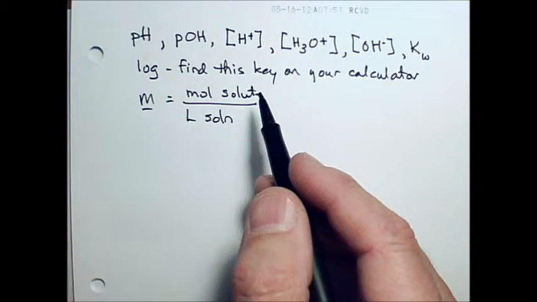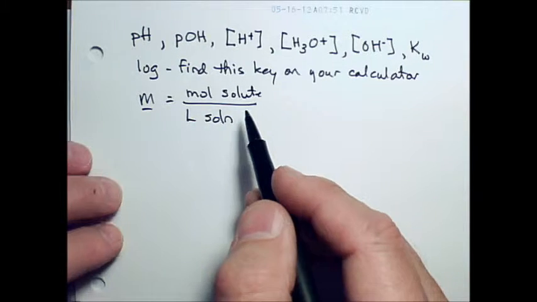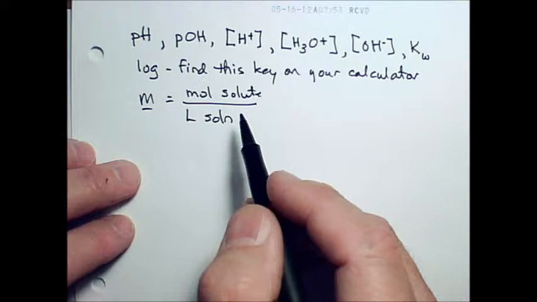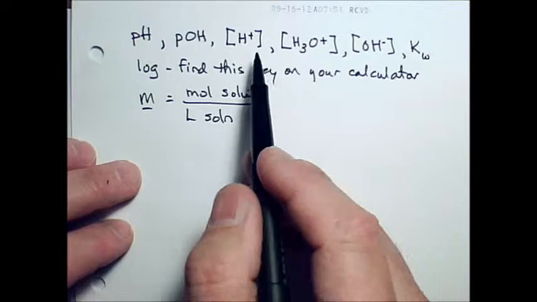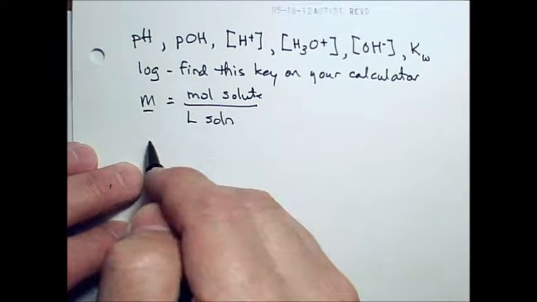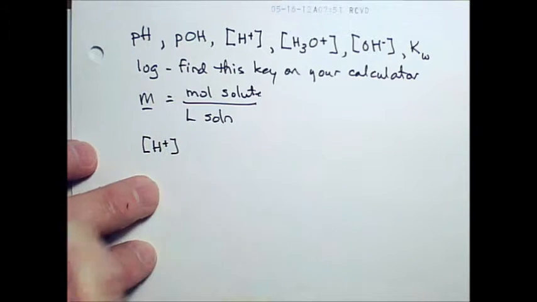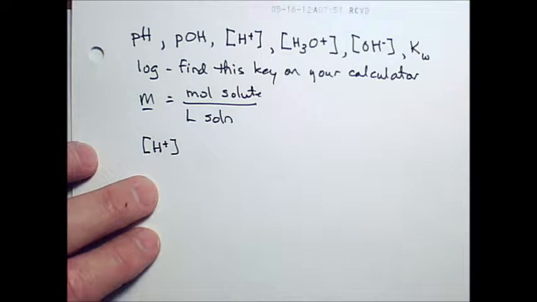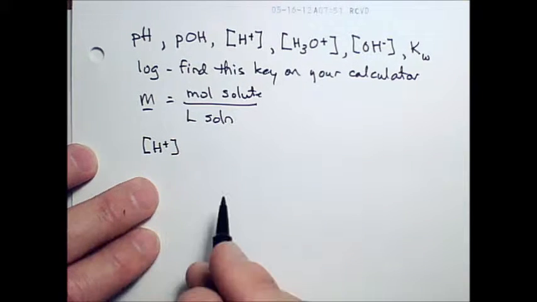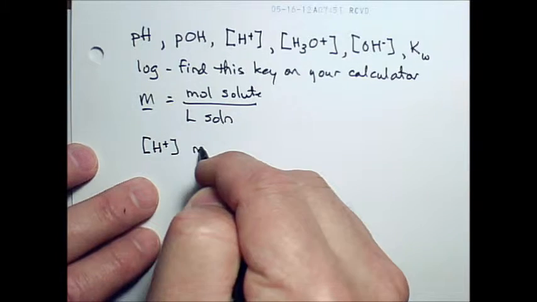Now, in an acid solution, the symbol we use for the molar concentration of the hydrogen ion is that hydrogen ion in brackets. And that simply stands for the molar concentration of the hydrogen ion.